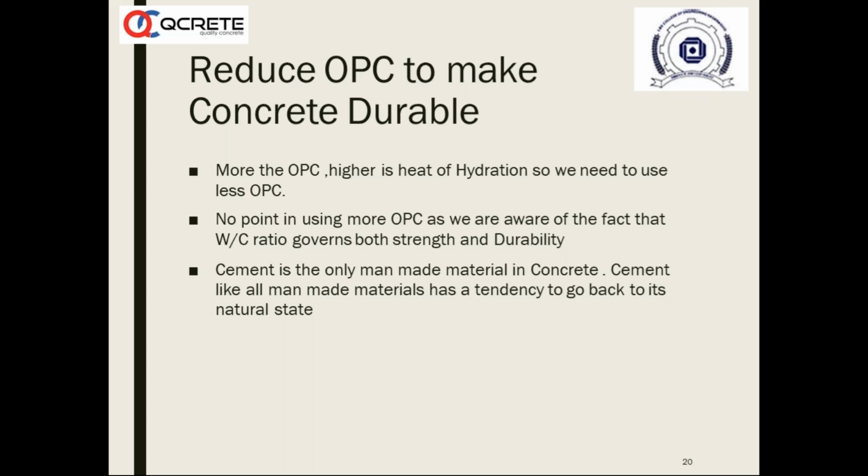So what is the problem if heat buildup takes place in the body of concrete? Too much heat buildup leads to differential temperatures between core temperature and surface temperature. Core temperature is the temperature at the center of concrete.